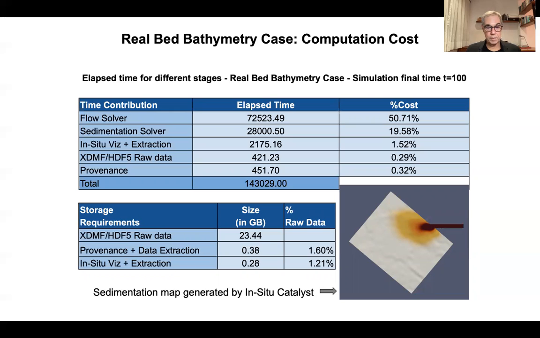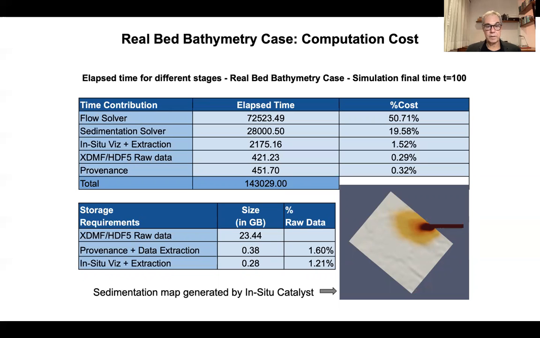And you can see below the storage requirements in raw data for the data that we store, the raw data for provenance data extraction and in situ vis. Well, it's basically telling you that we're spending most of our time in the flow and sedimentation solver, and by using in situ visualization, we just store PNG files.